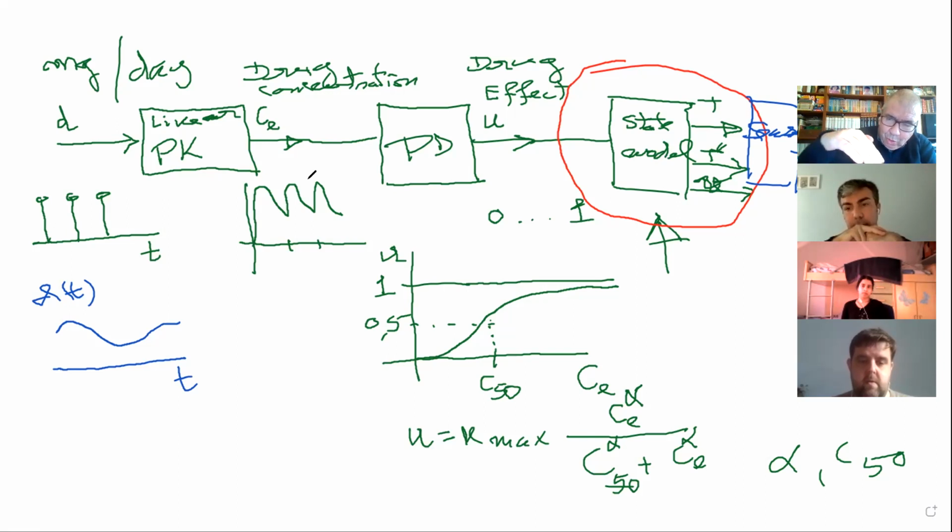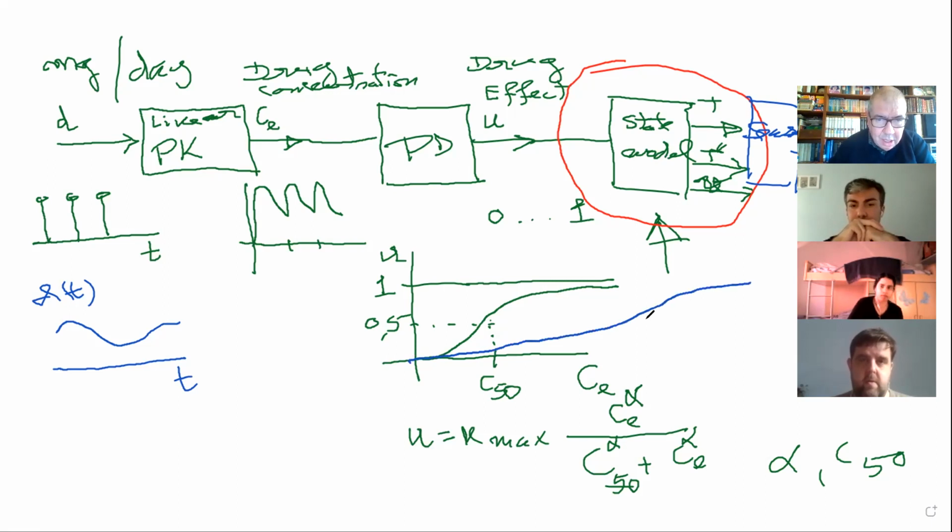When the concentration goes below some value, the C50 grows, and to reach the same half effect you require a much bigger dose.